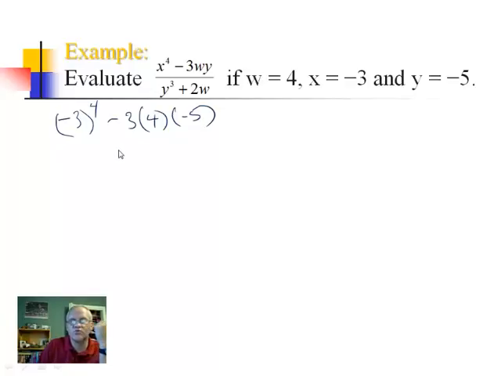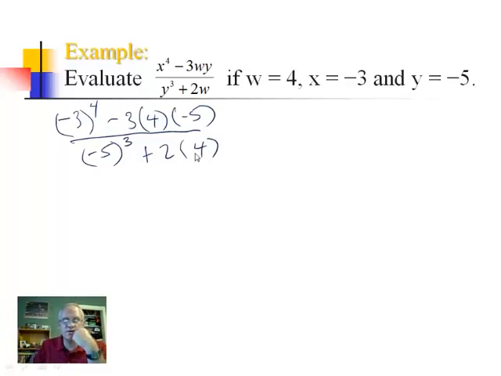Notice when you have 3wy, that means 3 times w times y. And on the bottom, y to the 3rd, you now have negative 5 to the 3rd power when you plug in y, plus 2w, and w is 4. So we've plugged all our numbers in there. Now we work it out.